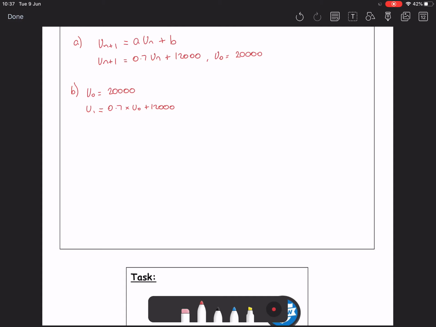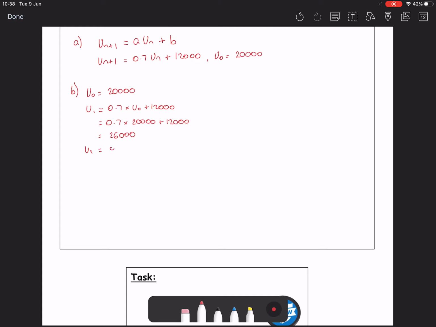Then alpha Ans times 0.7 plus 12,000, and that's my calculator set up. So 0.7 times the 20,000, and if I press my calculator once, I get 26,000.